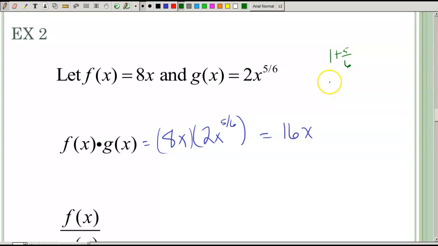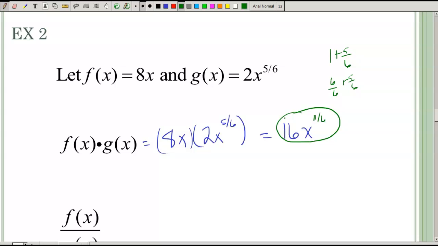What is 1 plus 5/6? I get a common denominator here. 1, I need a common denominator with 6, so this is actually going to be 6/6 plus 5/6, and that's going to be 11/6. So I have 11 over 6 here, and there is my answer: 16x to the 11 over 6.